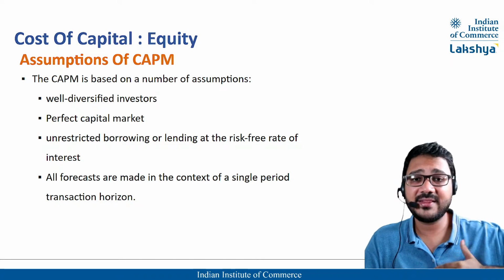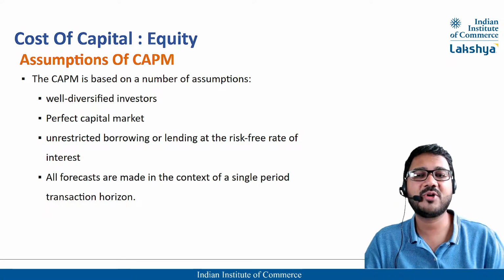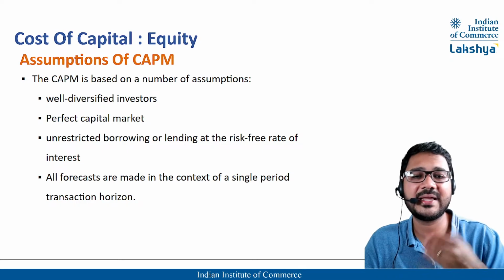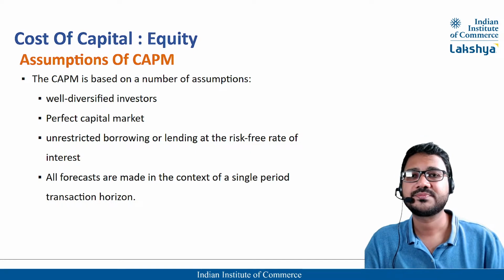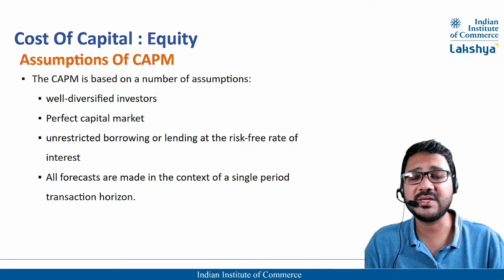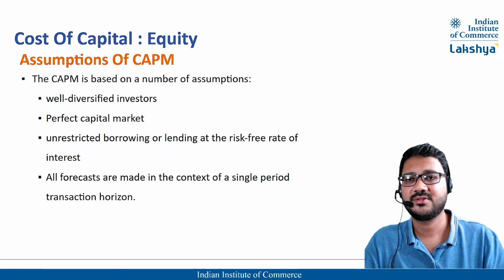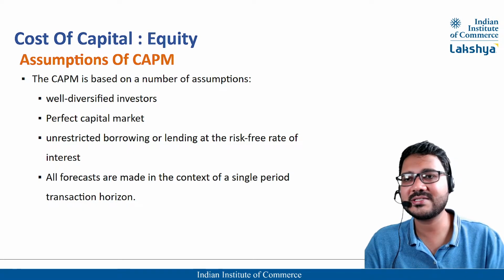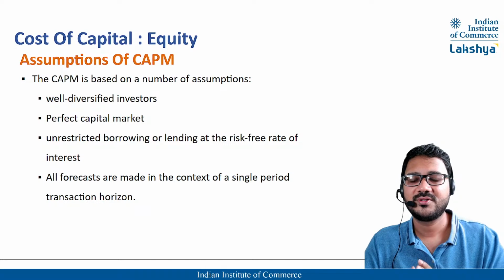There is also some skepticism: the CAPM model assumes unrestricted borrowing and lending at the risk-free rate of interest, which is not necessarily true. So your actual cost of equity may slightly vary. Now this is actually nitpicking, but just to give you an example, you need to mention all these things.